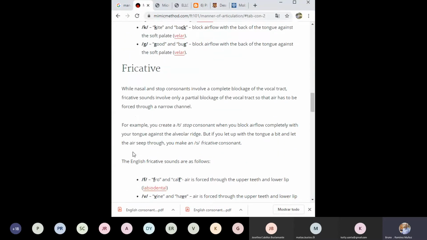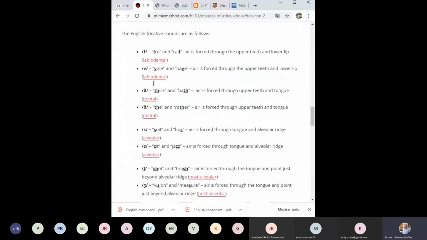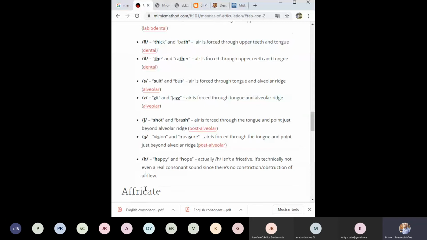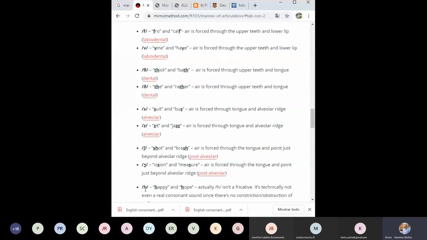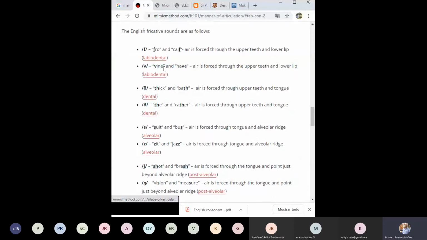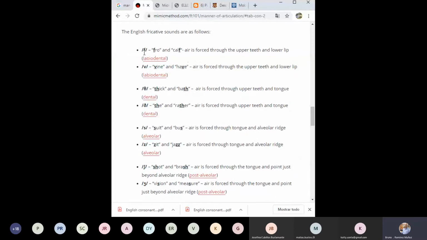The other big family is the fricative consonant sounds, right? And here we have 1, 2, 3, 4, 5, 6, 7, 8, 9 groups. Most of them in pairs. The first one is fricative, right? V is also a fricative. They have the same place of articulation.